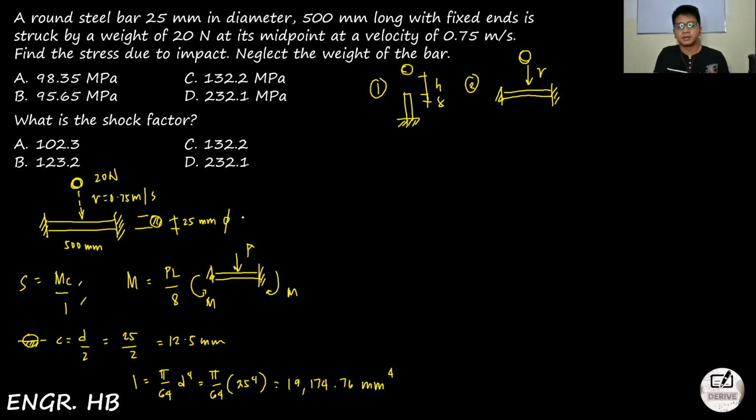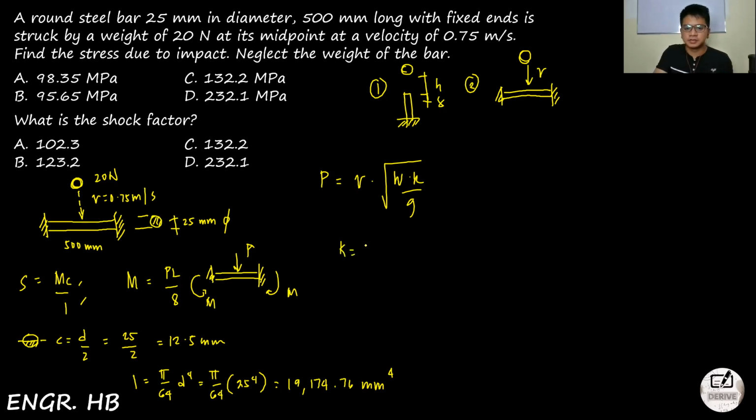So ang mangyari, wala tayong given na P, meaning meron siyang impact load equivalent again. On this case, the formula is P is equal to V times the square root of W times K divided by G, where K, again, is the spring's constant. We all know that the spring's constant of a fixed beam is 192 EI divided by L cubed, and you will see the formulas of the other scenarios sa Facebook page natin.